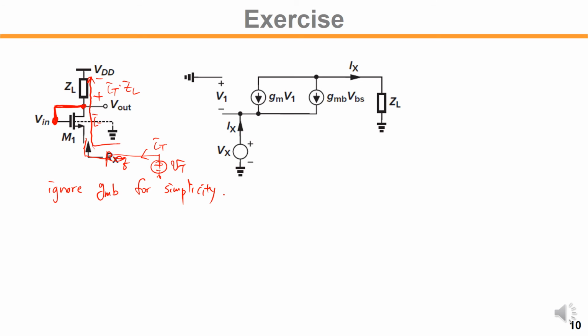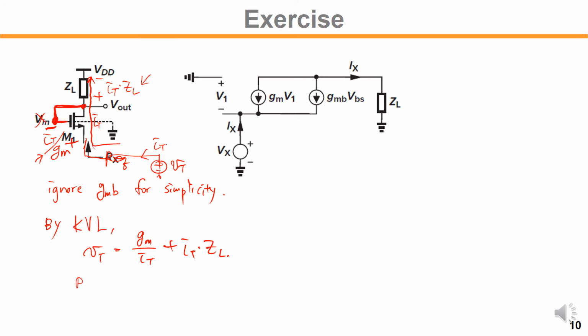If there is IT there, the voltage drop across the gate and source will be IT over GM. So finally, by KVL, VT equals IT over GM plus IT times GL, right?